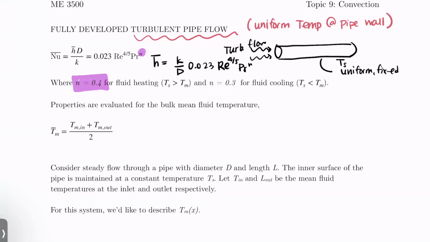So if the surface temperature of our pipe wall is greater than that of the fluid flowing through it. And then we're going to use a value of 0.3 if the fluid is being cooled off. All right, so if the temperature of the fluid in the pipe is hotter than the surface temperature of the pipe walls. Okay.